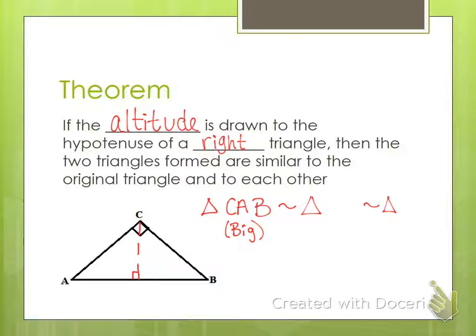We already have an A, B, and C, so we could use D for dog if you want. If you'd rather use X so it doesn't sound like B or C, you can. So we know that if we started this similarity statement with a right angle, the other two should start with right angles. We all on track with that part?